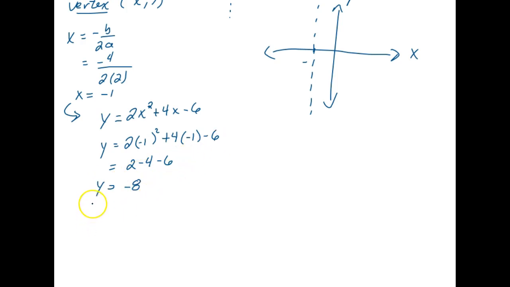So with a y value of negative 8, that's the y value of our vertex. We have the x value, which came from our axis of symmetry, and now we have our y value. So if we thought of it this way, 1, 2, 3, 4, 5, 6, 7, 8.